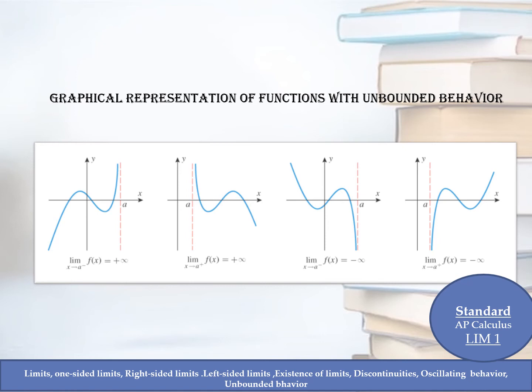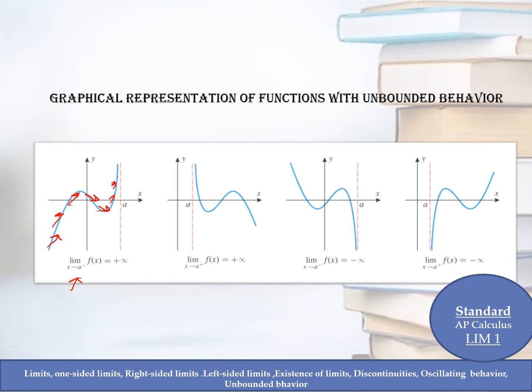Now have a look at some graphs having unbounded behavior, meaning asymptotes at a particular point. Read the limit x approaches a from the left-hand side. Look at the graph. There is a line coming towards a, and it is not reaching exactly at a.